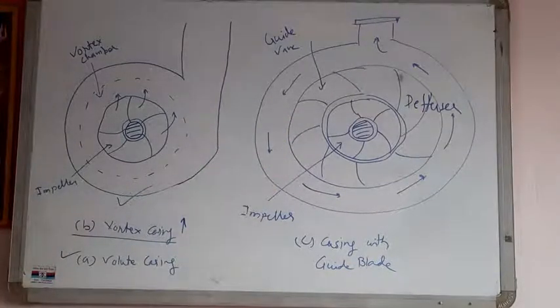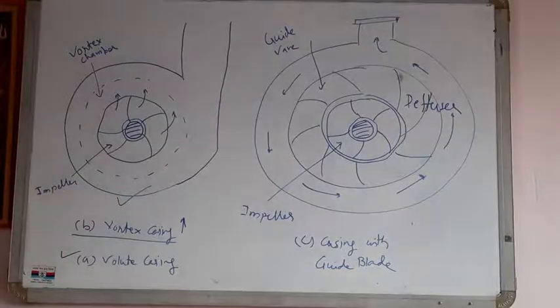Next is suction pipe with a foot valve and a strainer. A pipe whose one end is connected to the inlet of the pump and the other end dips into the water in a sump is known as suction pipe.